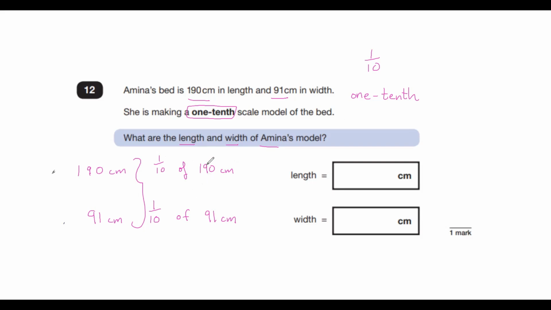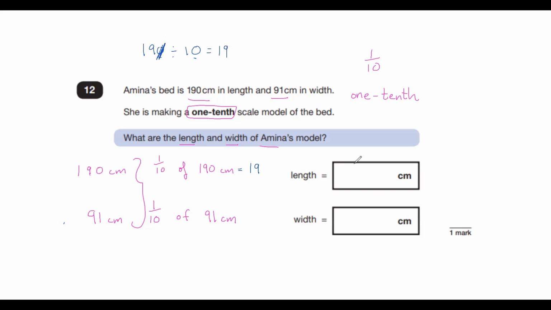So if we look at 190 divided by 10, we're going to get 19, because 190 divided by 10, making it 10 times smaller, well, we've got a 0 here and 1 0 here. So we can just cross off 1 0, and our answer is 19. That's just a trick way of doing it.